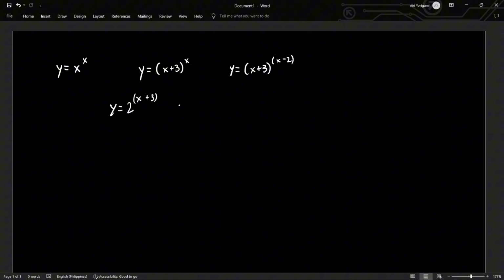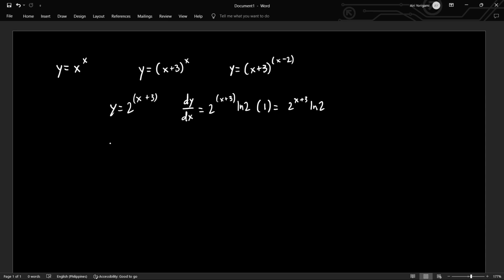the derivative of this, we are going to use the formula for a raised to x. So this would be 2 raised to the exponent x plus 3, then ln 2, and then the derivative of x plus 3, which is equal to 1. So it's just simply 2 raised to x plus 3 ln 2.